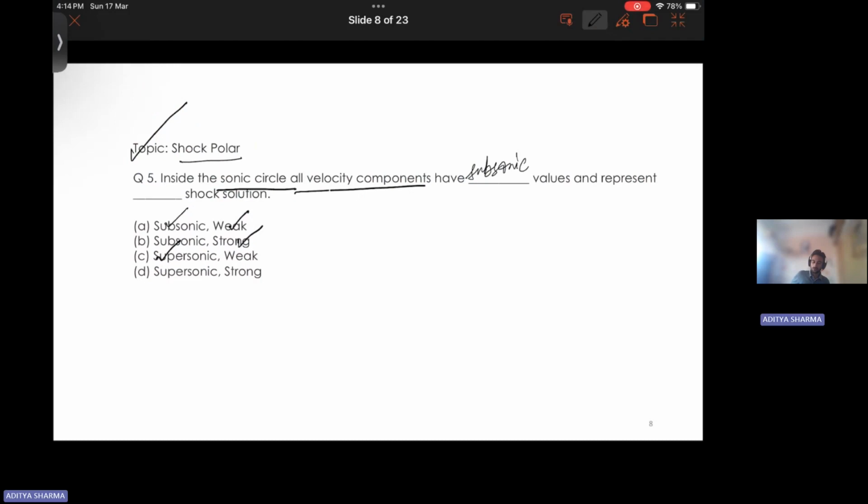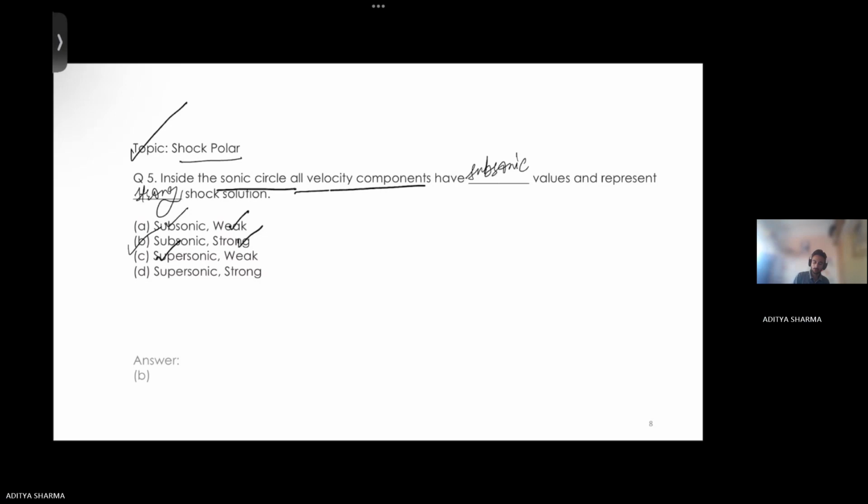So from the options, if you see the question, and if you see the answer, the answer also says that option B is correct, right? So this is our answer.